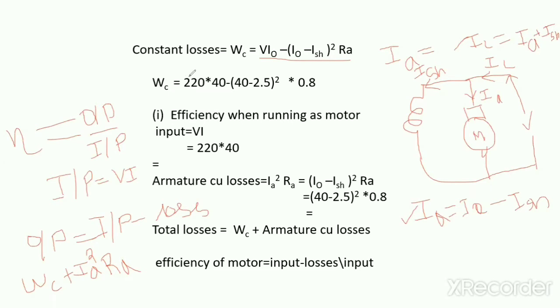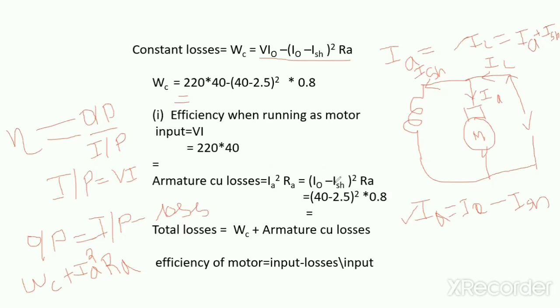First we determine the constant losses, that is WC. Therefore WC is equal to 220 into 40 minus 40 minus 2.5 whole square into 0.8. This is the constant losses. What is the value for IA?